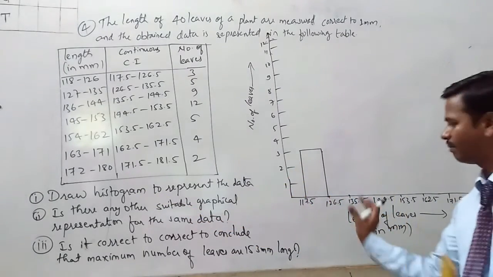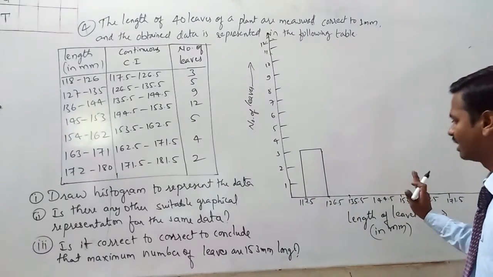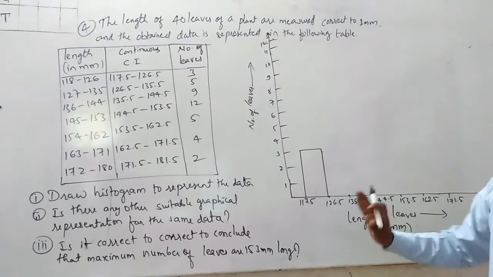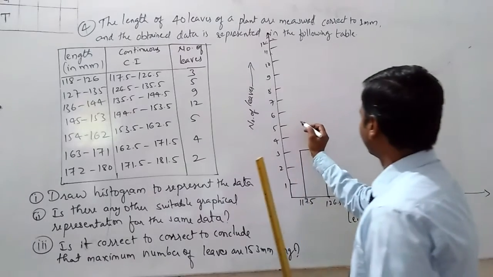There is no gap between the bars. The data are continuous, that is why we should draw the graph continuously. It is 5, it is here.